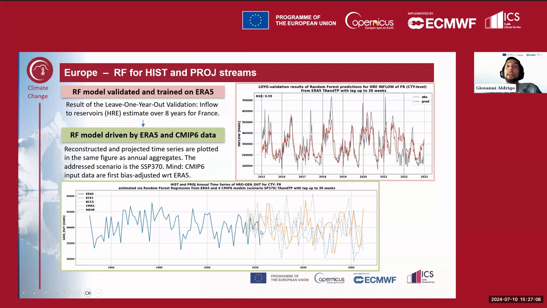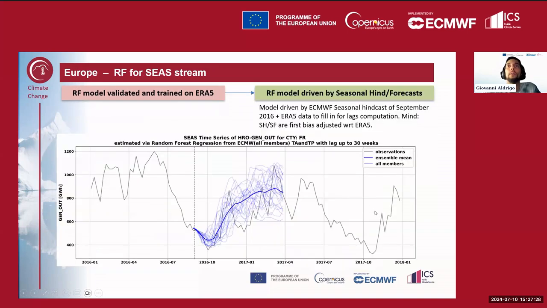And in several line styles and different colors, we have different climate projections coming from the CMIP6 ensemble, addressing, in particular in this case, the SSP3 7.0 scenario. This is just to show an example of the results, and again, an example for the seasonal forecast.